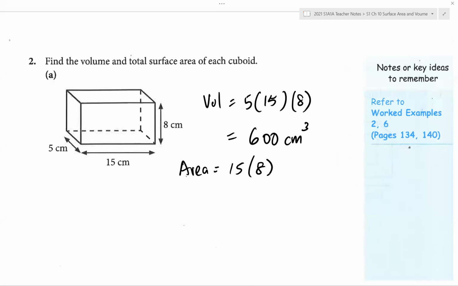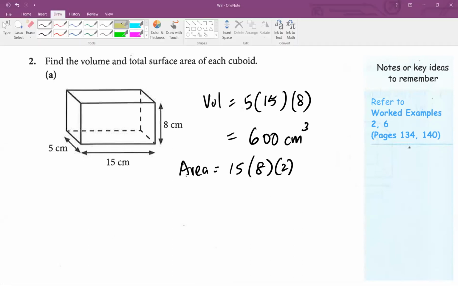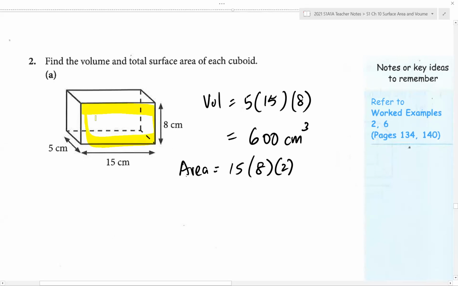I cannot hear you. 15 times 8 times 2. Okay, times 2. So that gives us only the front and the back. Basically the front as well as the back only.